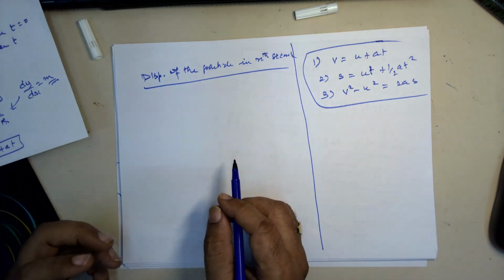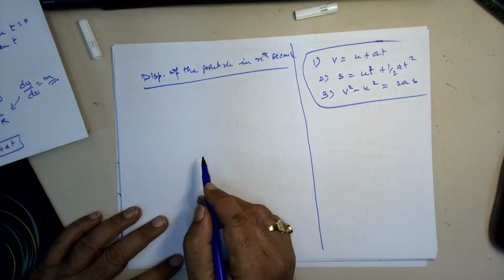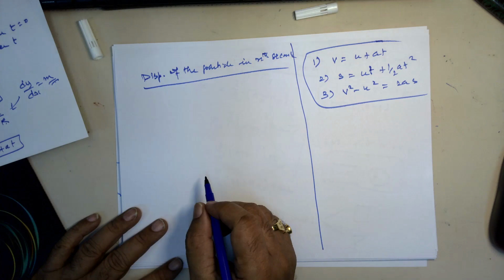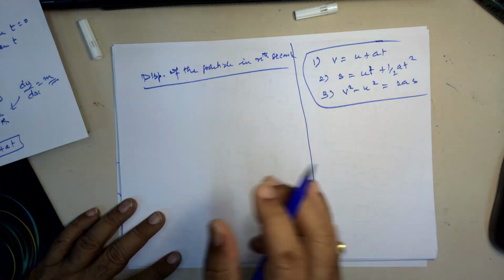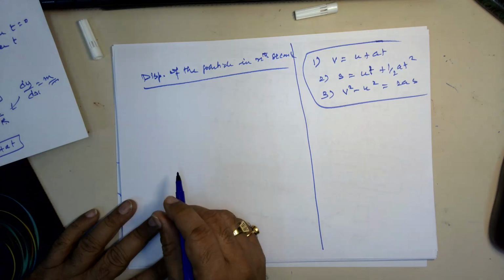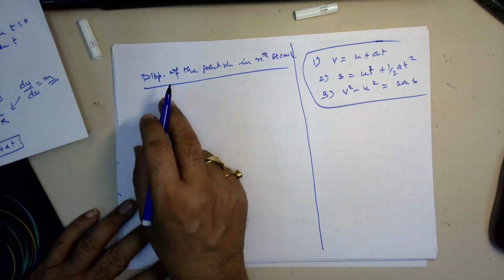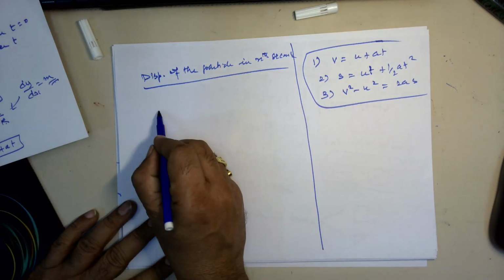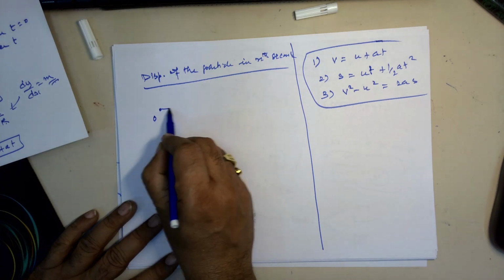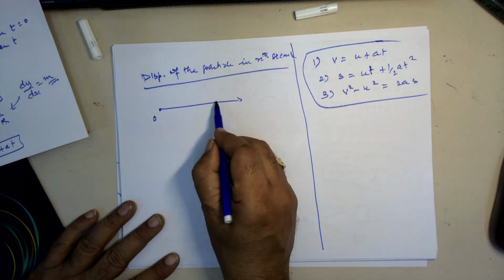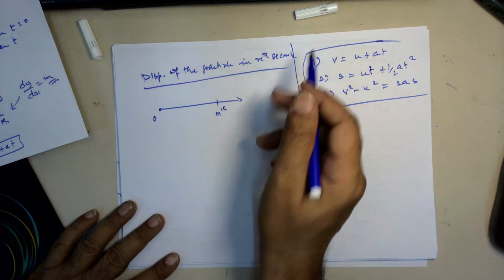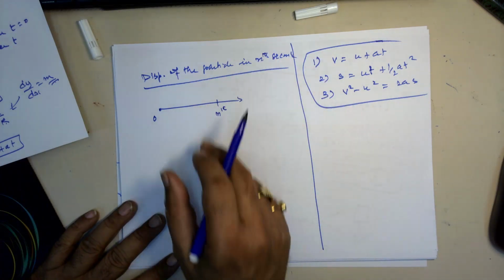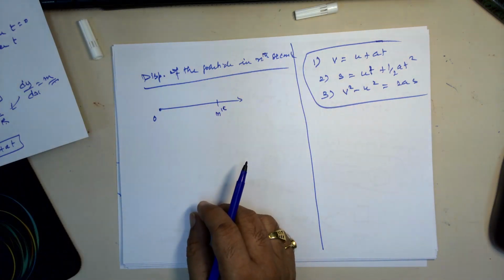An object is moving with some initial velocity, say u, under constant acceleration, that is a. Now the displacement has occurred, for example from O it goes like this. So in nth second, what could be the velocity?